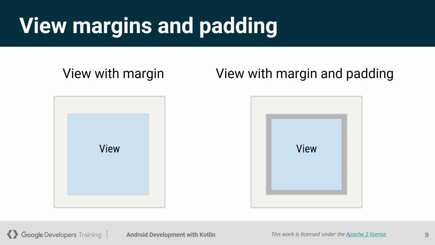That's why when you are doing the design in the Android space, you have the design, and then you have the code section, or the blueprint and the design section. So view with margin, and then you have view with margin and padding. When you don't have the padding here, you can see that this gap does not exist in this space here. Why?